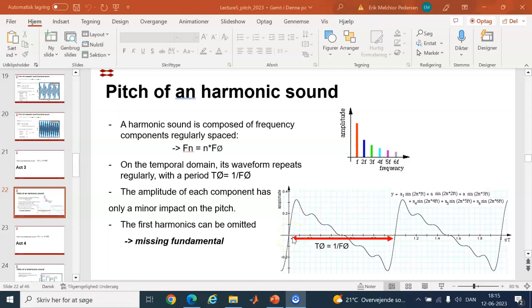This is the period for the harmonic, this one. And we see again the amplitude of each component has only a minor impact on the pitch.